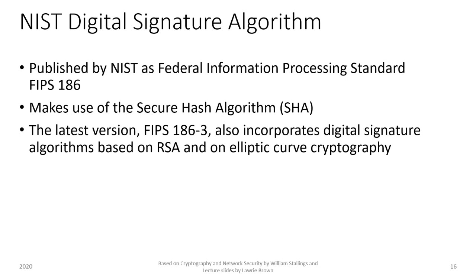Then another digital signature algorithm that is fairly common is the NIST digital signature algorithm that is published by the National Institute of Standards and Technology in the USA, and it is particularly done as a federal standard in the USA. This algorithm is known as the digital signature algorithm, or the DSA.